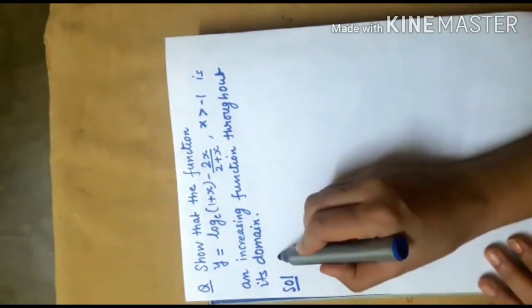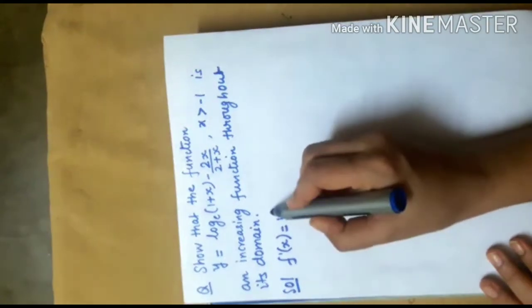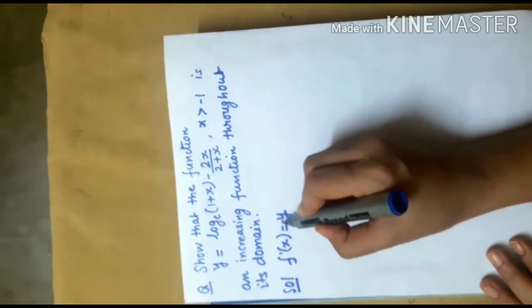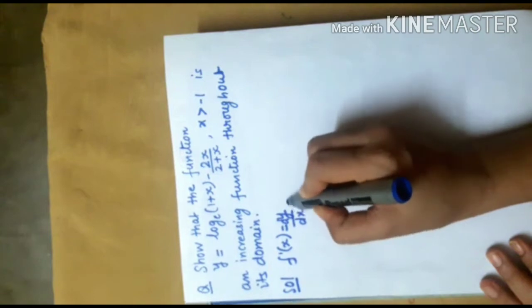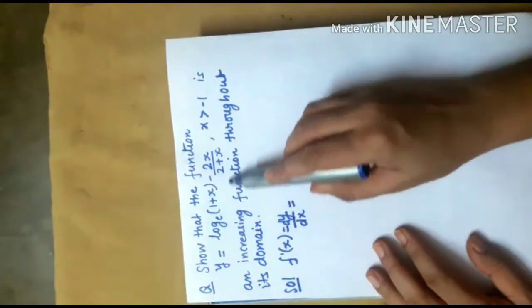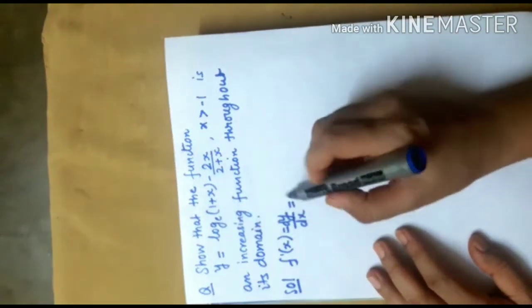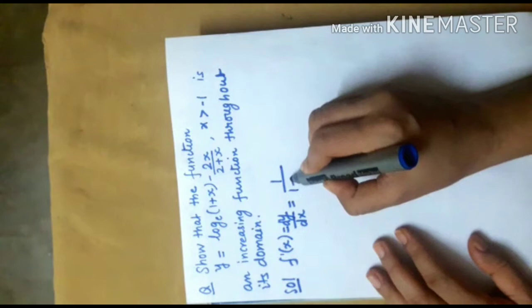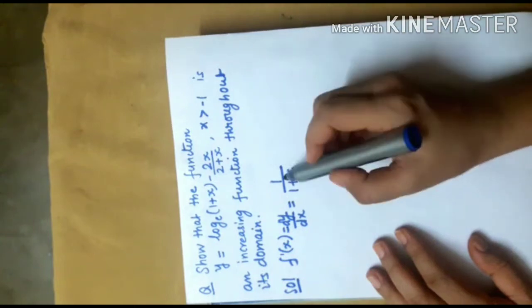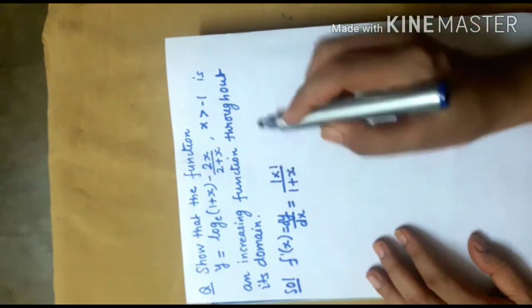So first I'll find the derivative of the function, that is, f dash x, which is dy by dx. I have to differentiate this function with respect to x. The derivative of log of (1 plus x) to the base e will be 1 over (1 plus x), and by the chain rule, the derivative of 1 plus x will be 1.